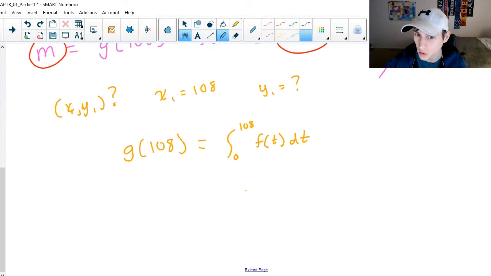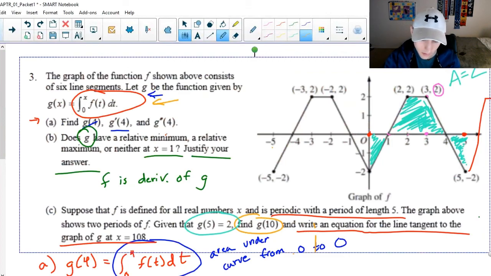It just repeats over and over again. We know that the area for one period is 2, this shaded portion of one cycle. Well, how many cycles would it take to get to 105?